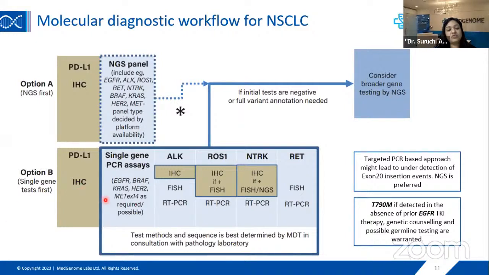And then option B, which was used earlier, was PDL1 IHC followed by single gene PCR assays, and then ALK IHC, ROS1 IHC, and TRK IHC, and now RET FISH or RT-PCR, to see different biomarkers one by one in a cascade or in parallel. But now, since we have next generation sequencing based testing, all the biomarkers can be included in one single test, and it is cost effective as well as time saving.